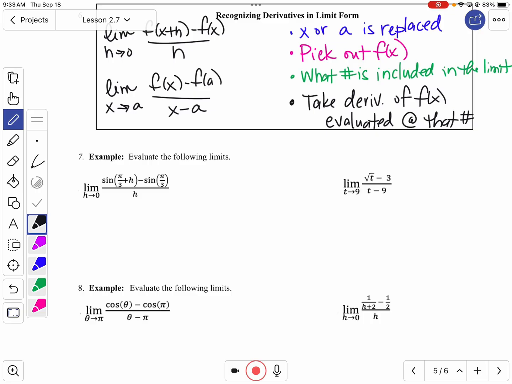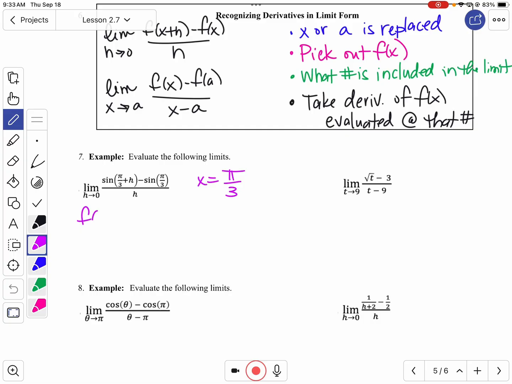Looking at the first one, number 7, is that the first definition or the second definition? It's the first. That h approaches 0. You can tell it's x plus h over h. That is for real the derivative definition. So what's the x value that we're using? What's the number in that problem? Pi over 3.